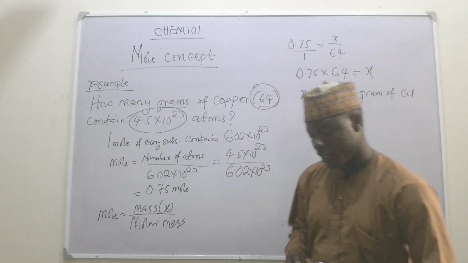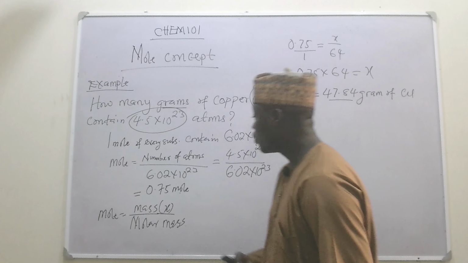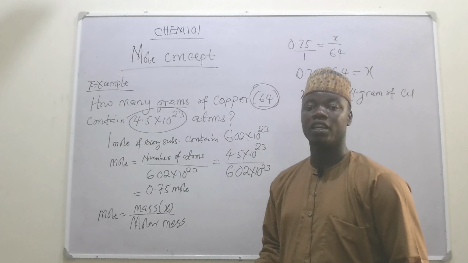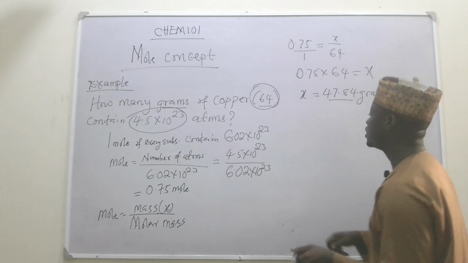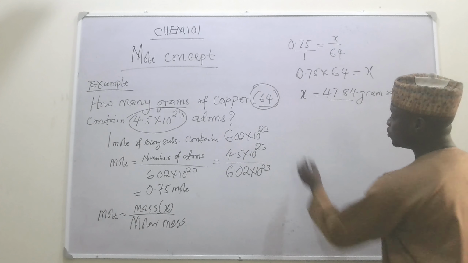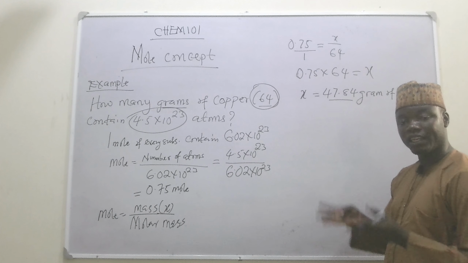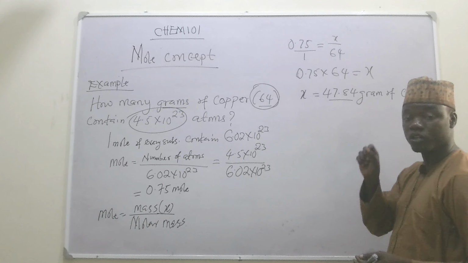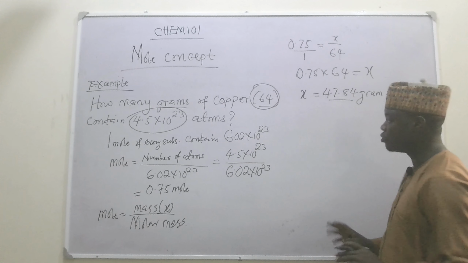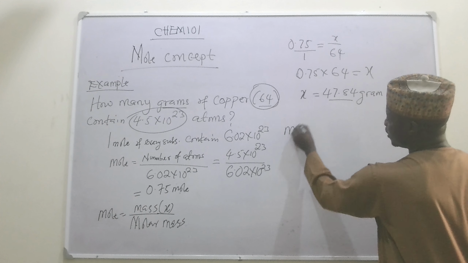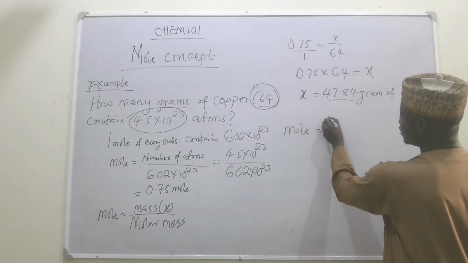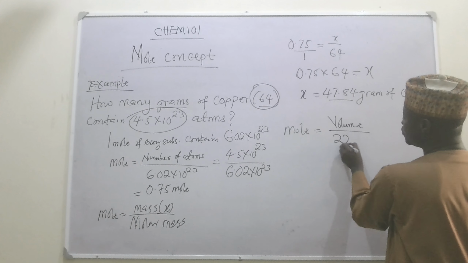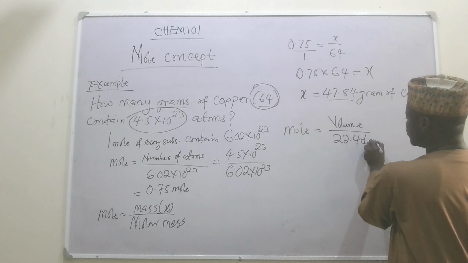So, ladies and gentlemen, the relationship is not only between mole, mass, and the number of particles. The relationship can also be in the form of volume, because under standard conditions, one mole contains 22.4 dm³ volume. So a mole can also be expressed as volume over 22.4 dm³.